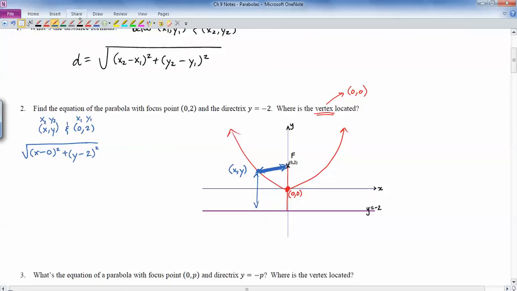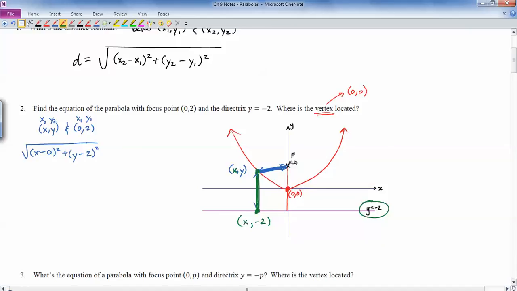Then on the other side, we need this distance. We don't know the coordinates of its endpoint. What we do know is that the y value has to be -2 because it's on the line y equals -2. And for the x value, if you go straight up, this point had an x value of x. When you go up and down, the x's don't change. So this one also has a coordinate of x.